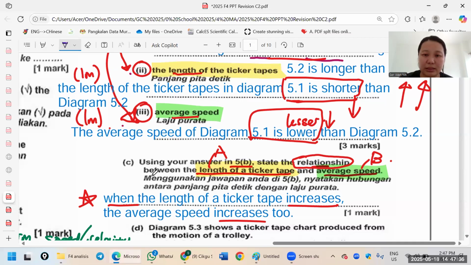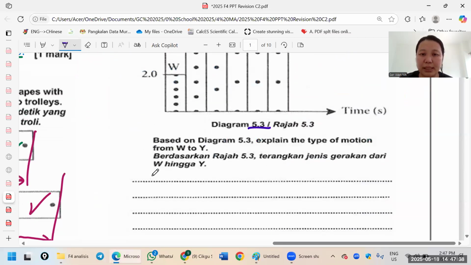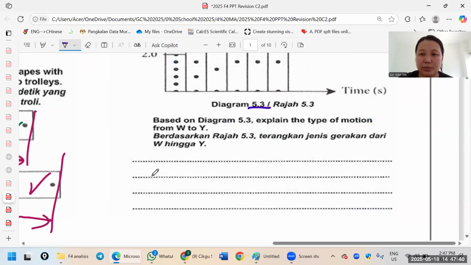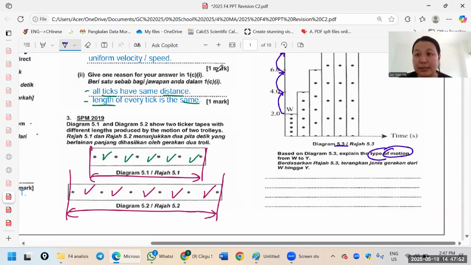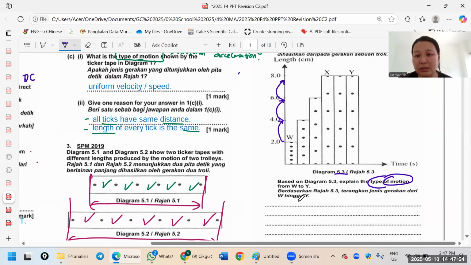Okay, right now, next, this one. Based on it, explain the type of motion. Type of motion, you can see it increasing, every time increasing by the same distance, right? So what then after that becomes same.